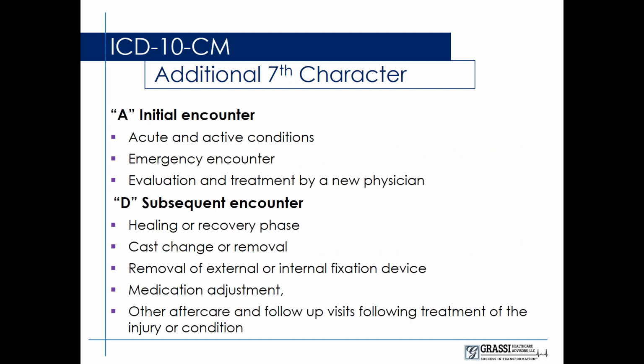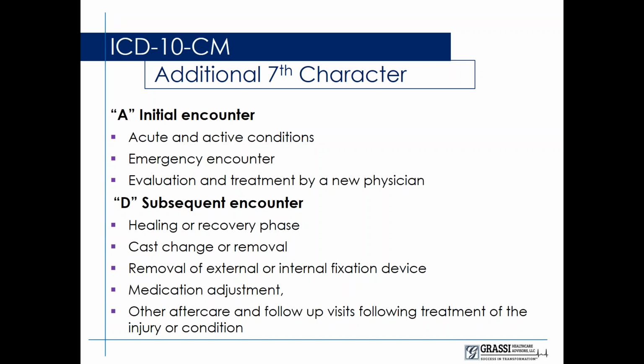Now, under the 7th character extension A, the initial encounter means that the patient has an acute or active condition. It doesn't necessarily mean it's the first time we're seeing the patient. Usually we think of initial as the first time and subsequent as every time thereafter. However, it's important to understand getting that 7th character correct here.